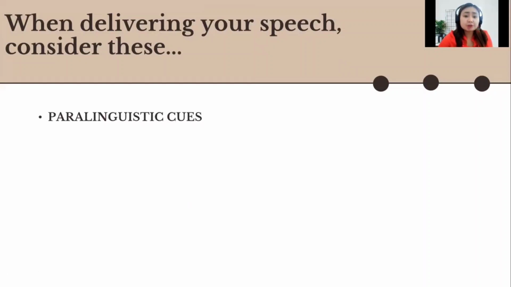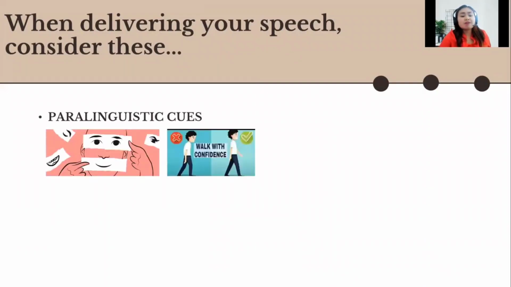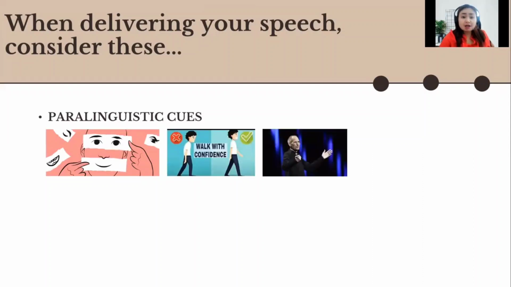First, your paralinguistic cues. What do we mean by paralinguistic cues? These are gestures, facial expressions, your posture, and your eye contact that you are using alongside your verbal expression, or verbal language.